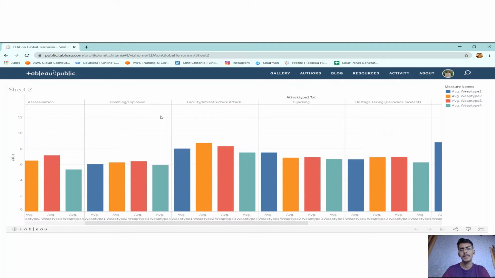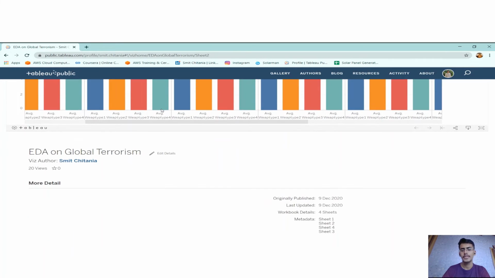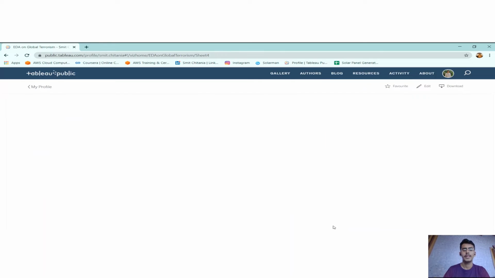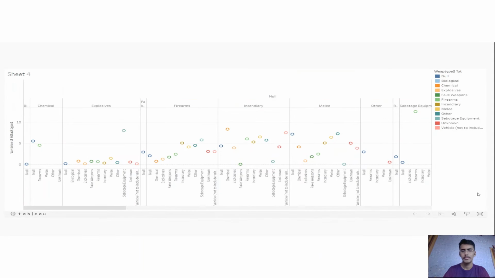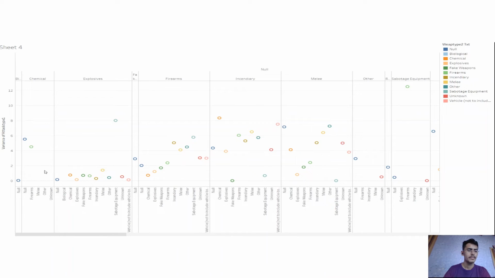Then we have another sheet, with a visualization from which we will notice which weapon is mostly used. Let me make this full screen. In the first one we have a chemical attack. Chemical attacks mostly use firearms.